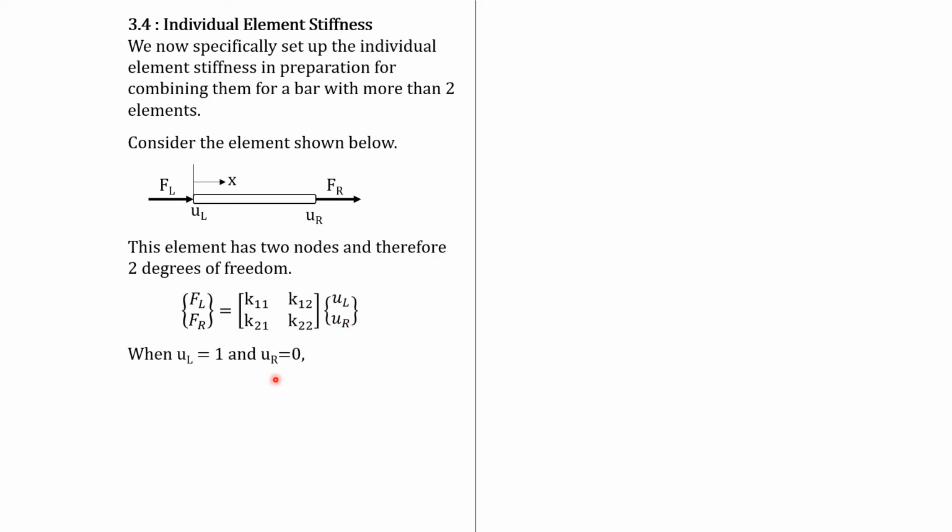When UL is equal to 1, just like before, and UR is 0, then FL equals K11. And secondly, FR equals K21 times 1, so it is K21. When UR equals 1 and UL is 0, then FL equals K12 and FR equals K22 for that case.